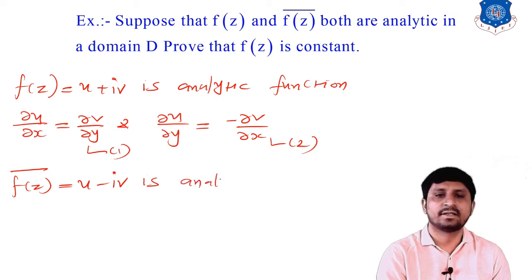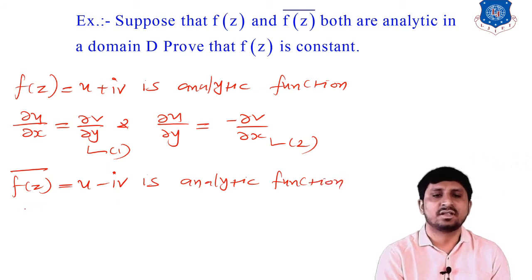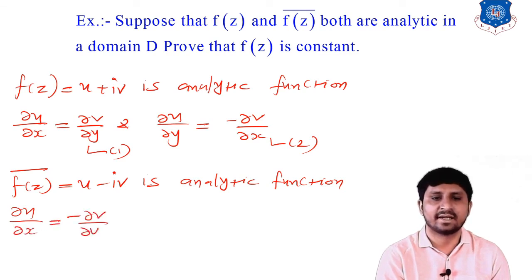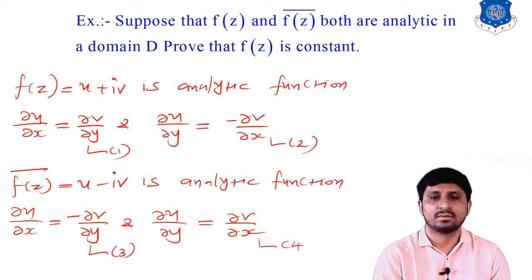So for u minus iv, the CR equations are del u by del x equal to minus del v by del y, and del u by del y equal to del v by del x. So these are equation number 3 and equation number 4.